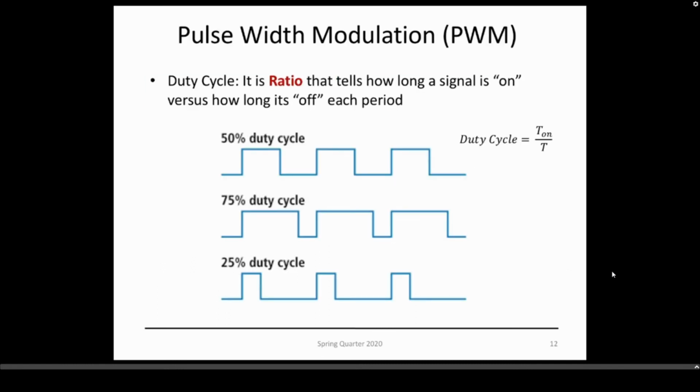So the duty cycle is a ratio. It's a relationship between the period of your signal and the time that that signal is on.